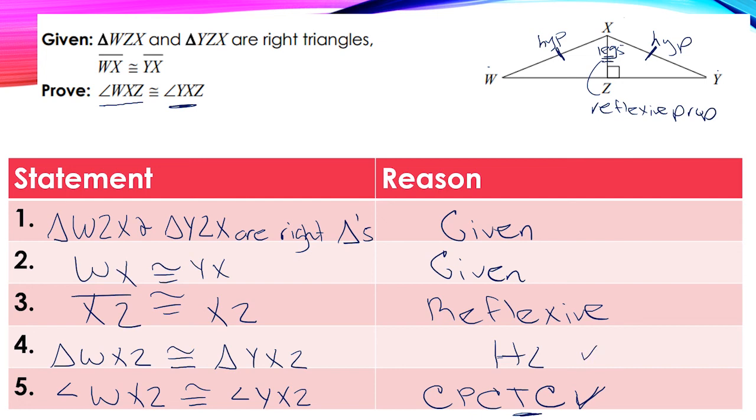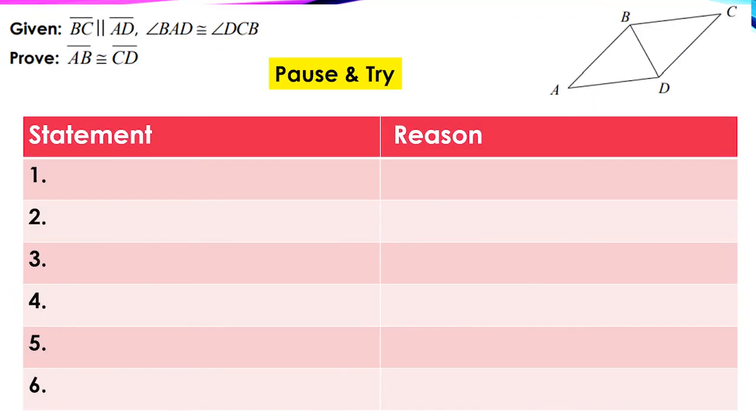All right, so next you're going to try one on your own. I would like for you to try this one on your own. You're proving that a pair of sides are congruent. And so again, remember that you're going to use one of those other theorems to prove that the triangles are congruent first before you show that the pair of sides are congruent.